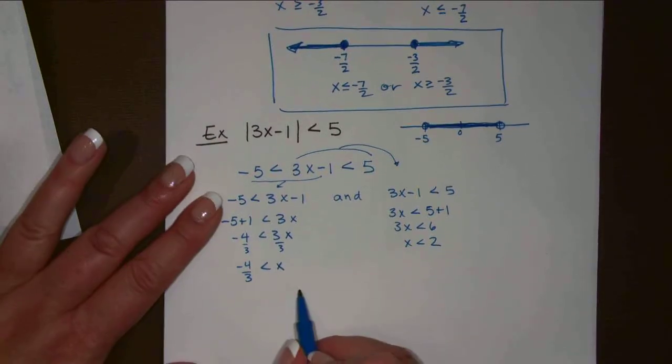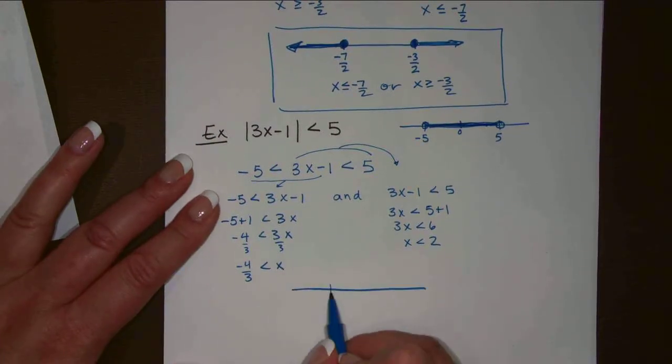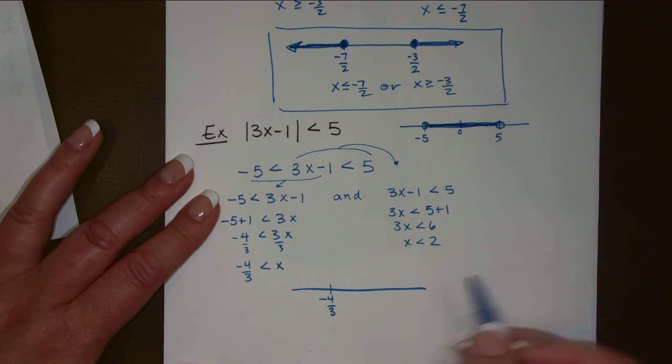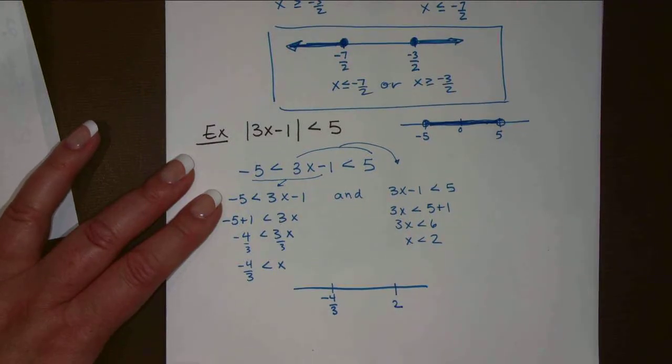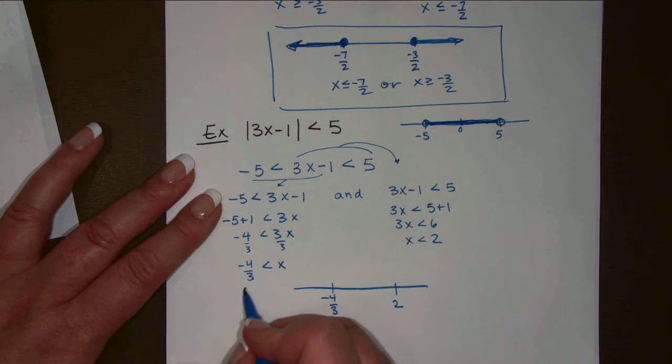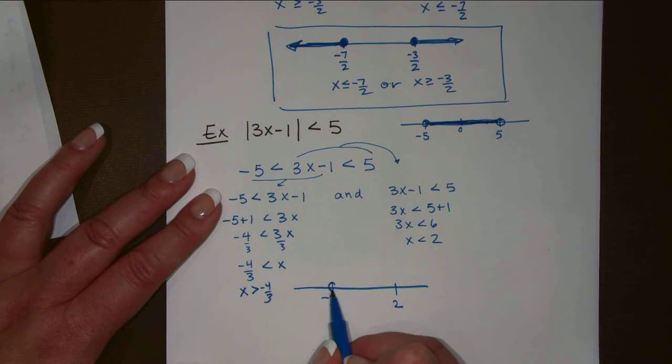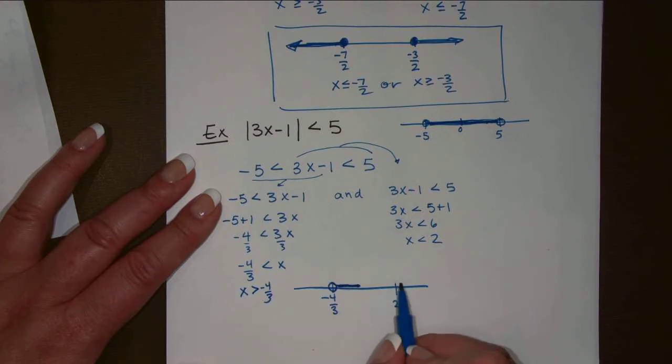If you put it on a number line, minus 4 over 3 is smaller. This is saying x is greater than minus 4 over 3, if we flip it around to read it. So that goes minus 4 over 3 and bigger, goes that way. This says less than negative 2, and we want the and, so it's in between.